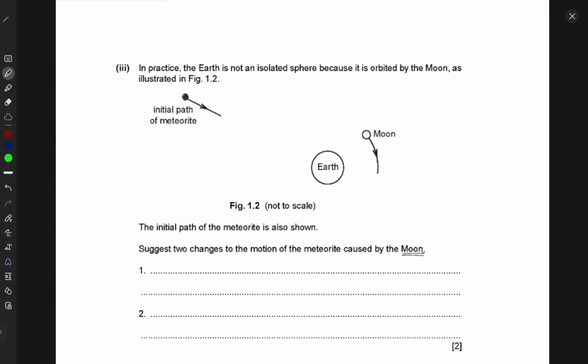So what do you think could happen to this meteorite's motion when it's approaching the Earth, if this moon is also present, orbiting the Earth? Anyone, any suggestion? What could happen?